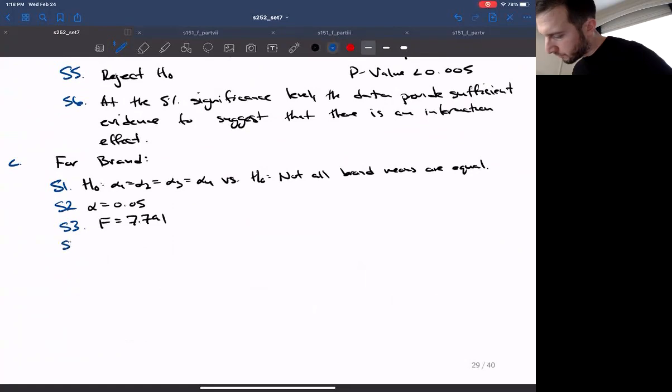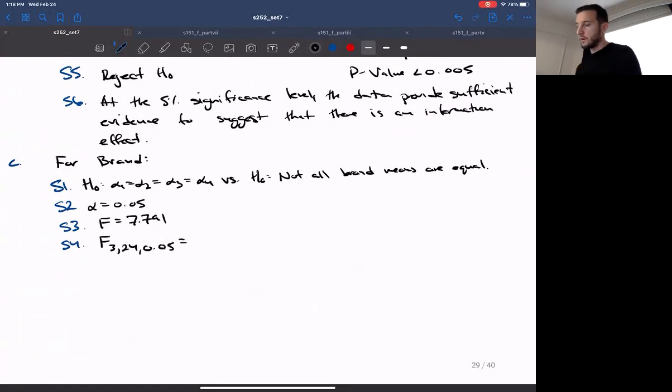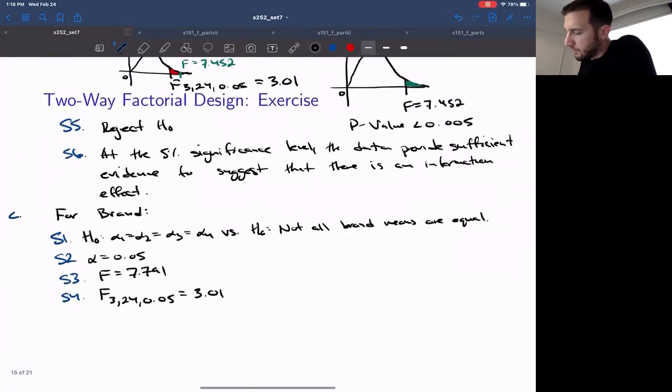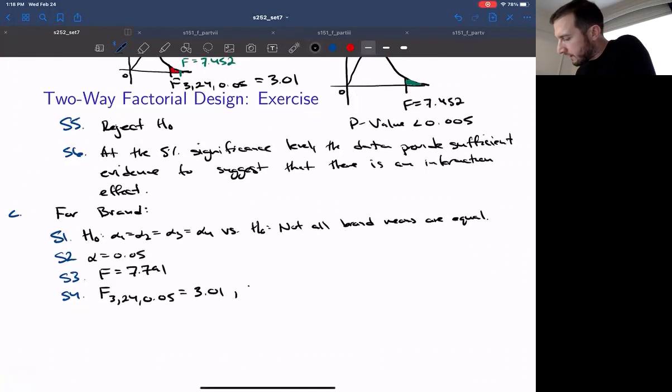On step 4, we can take either the critical value or the p-value approach. To save time, I'll skip the illustration because we've seen lots of these at this point. We have a critical value on 3, 24, and 0.05, which we worked out above to be 3.01. Our F statistic is 7.791, so the p-value is also going to be less than 0.05 for the same reason as shown above.